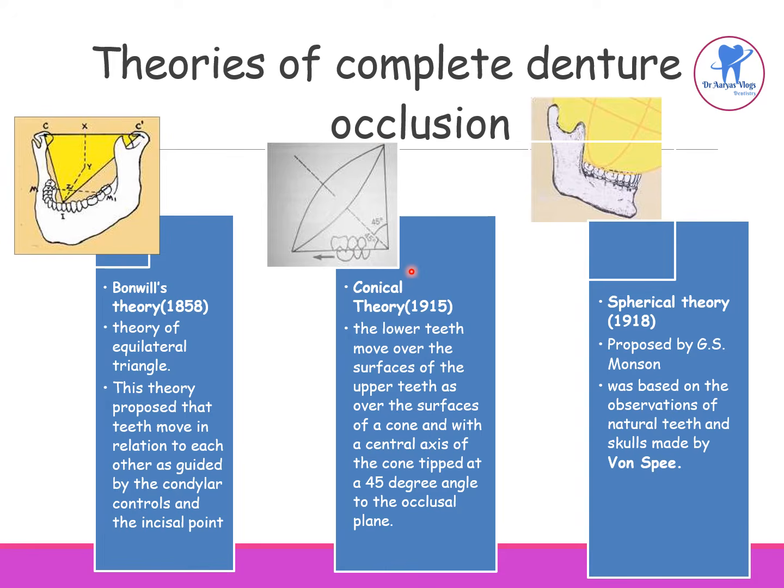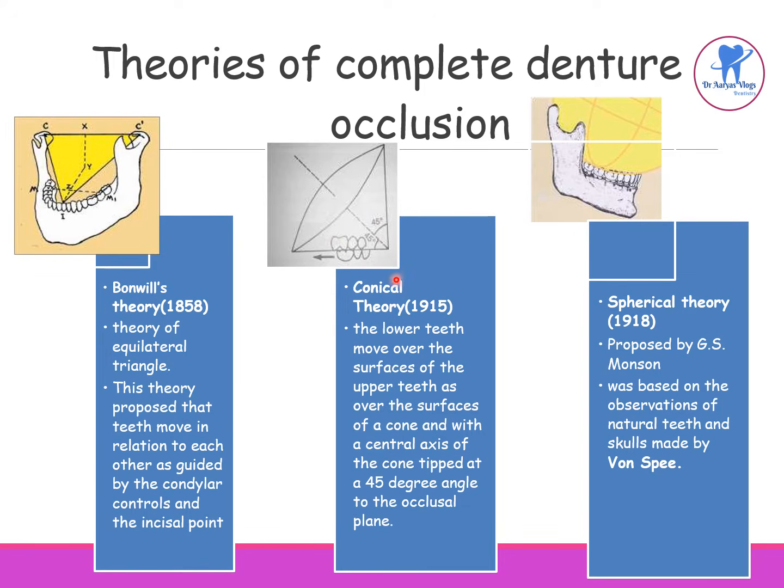Next theory is the conical theory in 1915. Here the lower teeth move over the surface of the upper teeth as over the surface of a cone, with the central axis of the cone tipped at a 45-degree angulation to the occlusal plane.